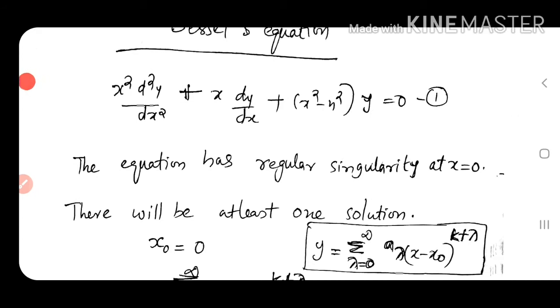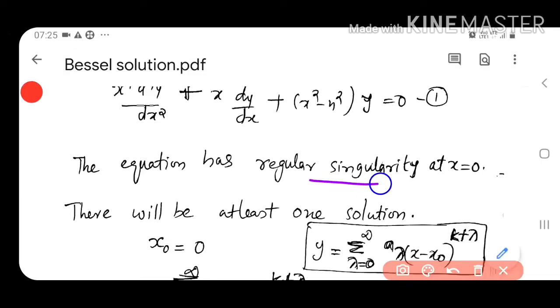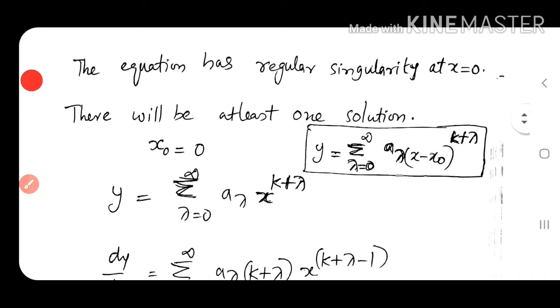Okay, x equal to 0 is a regular singular point, and there will be at least one solution. We are expanding about x equal to 0, and we can get at least one solution, that we will see.